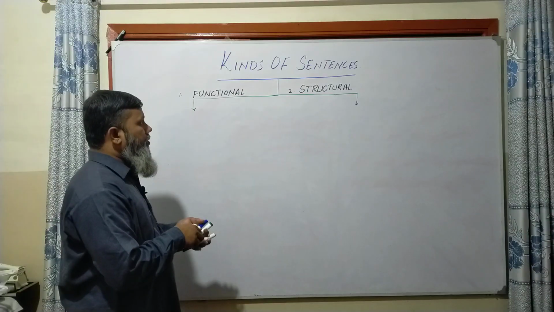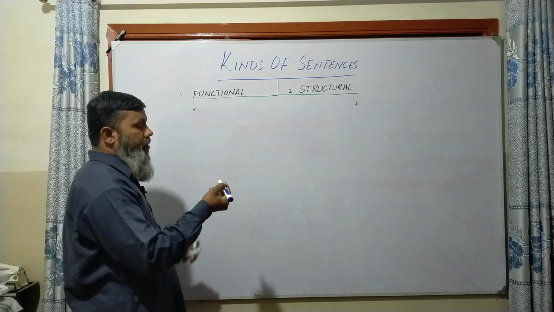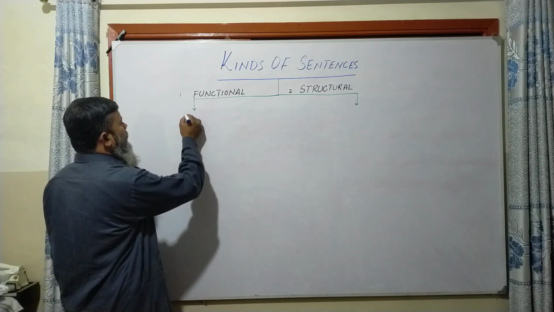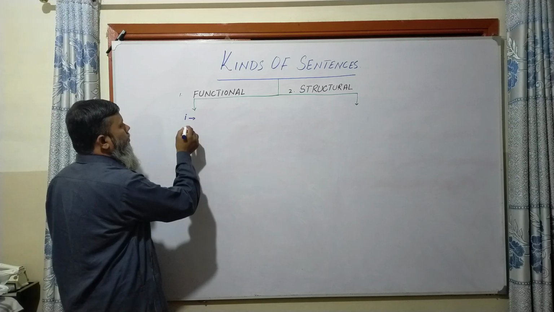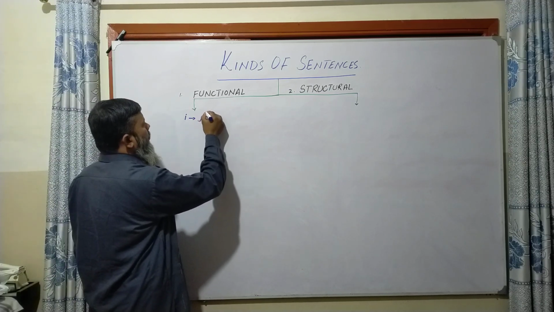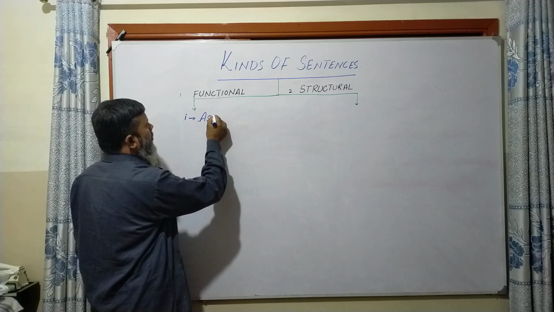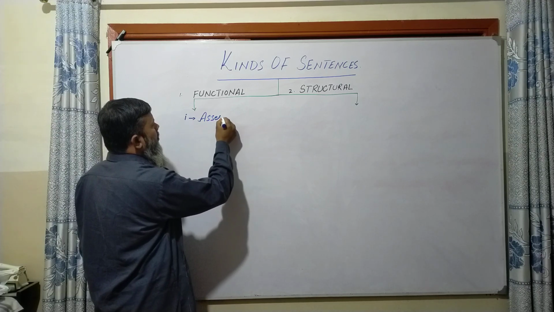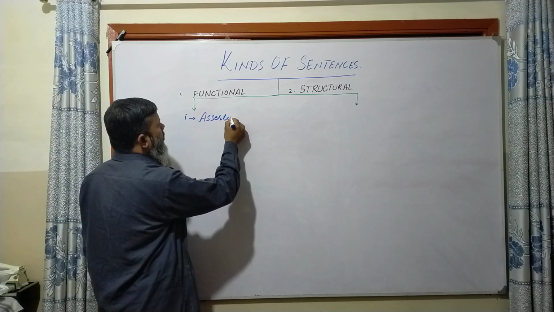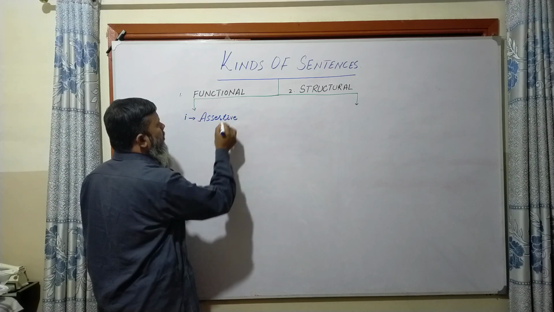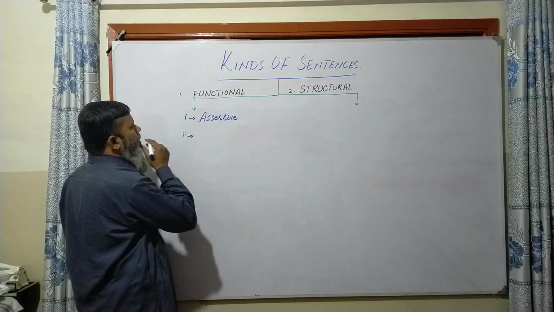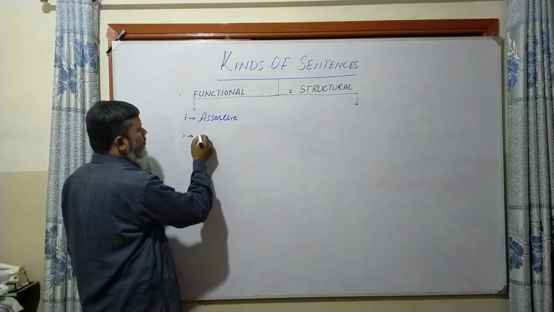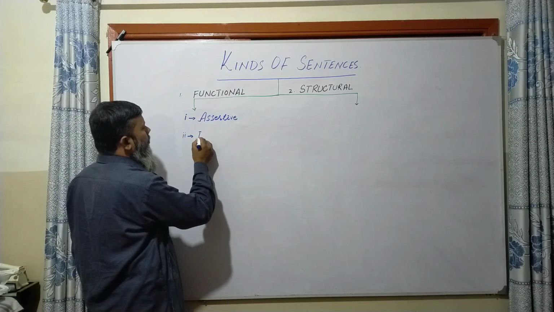According to the function, we have four kinds. Number one, the first is assertive sentences. Number two is interrogative.